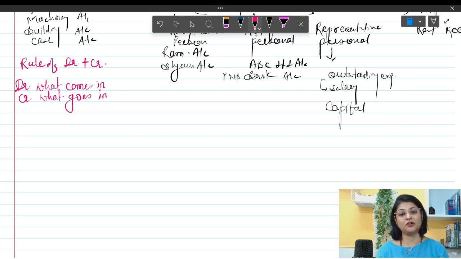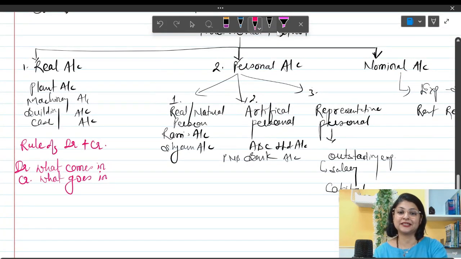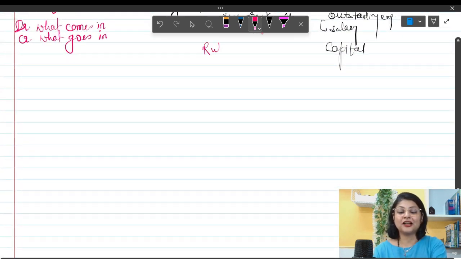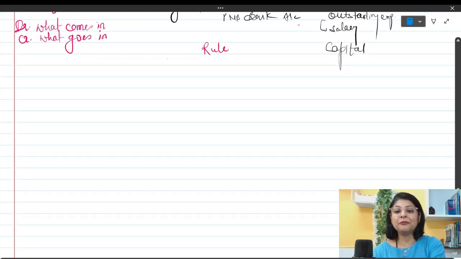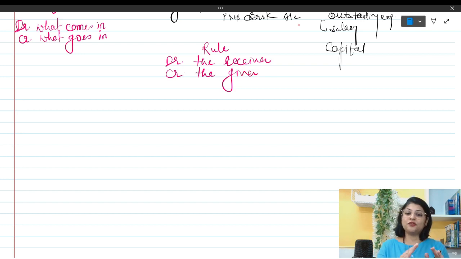So this way you are going to find out the rule of debit and credit as per the traditional approach for real account. Now the next account which we have is the personal account. The rule of personal account is debit the receiver and credit the giver. If, suppose, we had to pay something to Ram, so we have paid Ram, then Ram's account is going to be debited, because we debit the receiver.